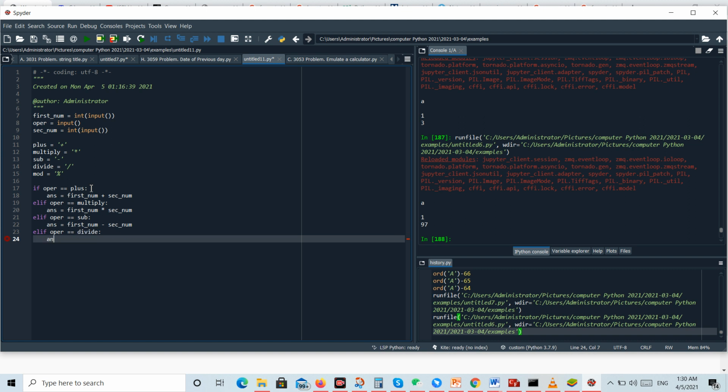Now say ANS will be equal to FIRS, first norm, divided by SEC, the second norm. Okay, now the second to the last: else if OPER is equal to MOD.